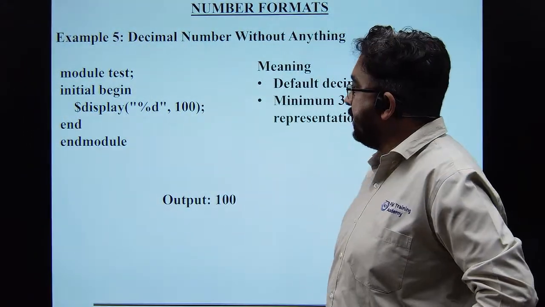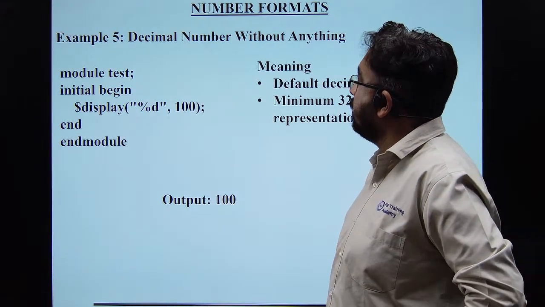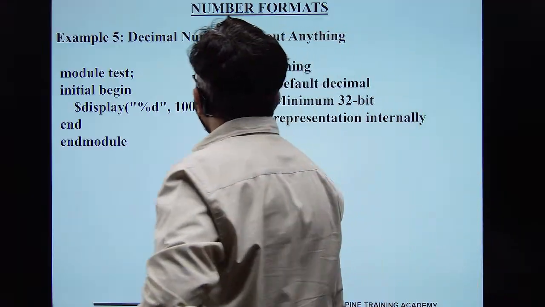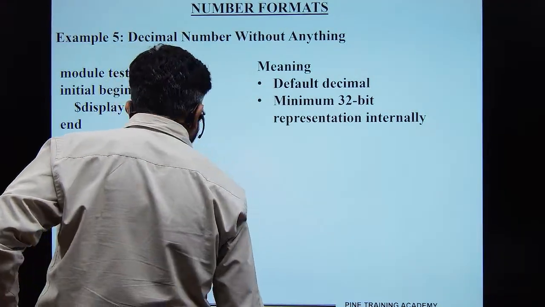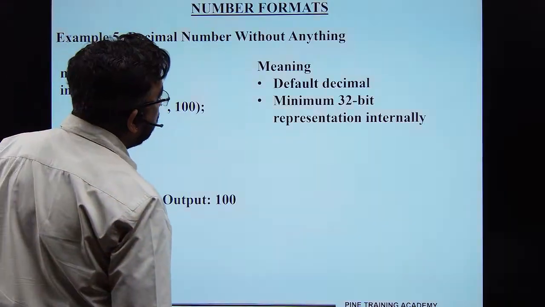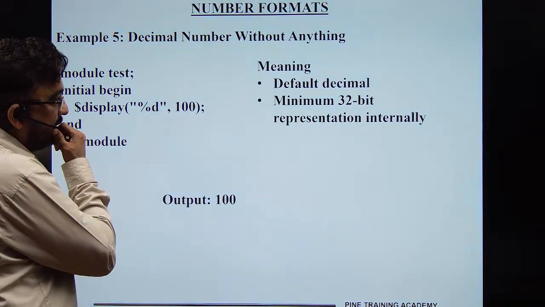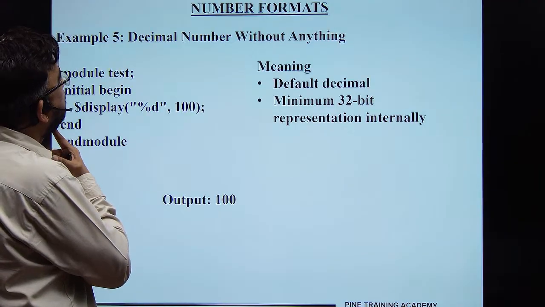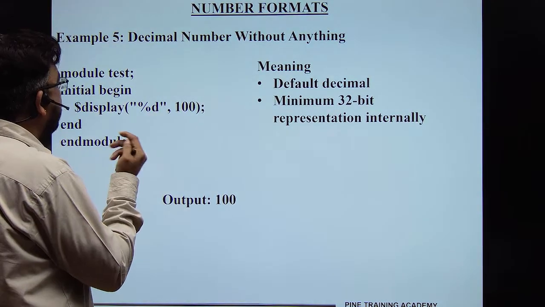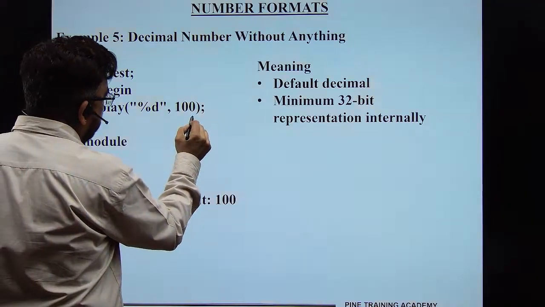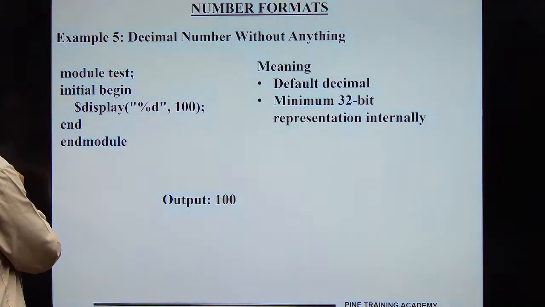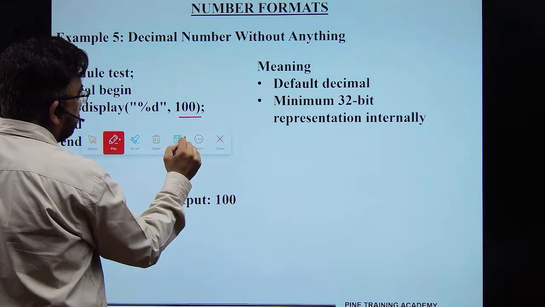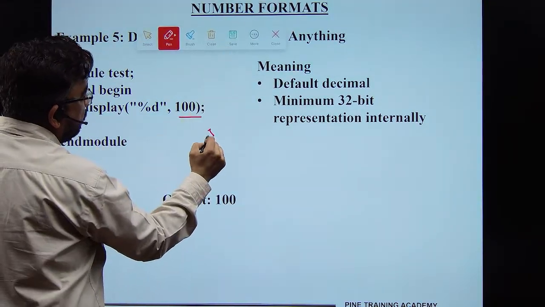Now a decimal number without anything. For example, this is 522.